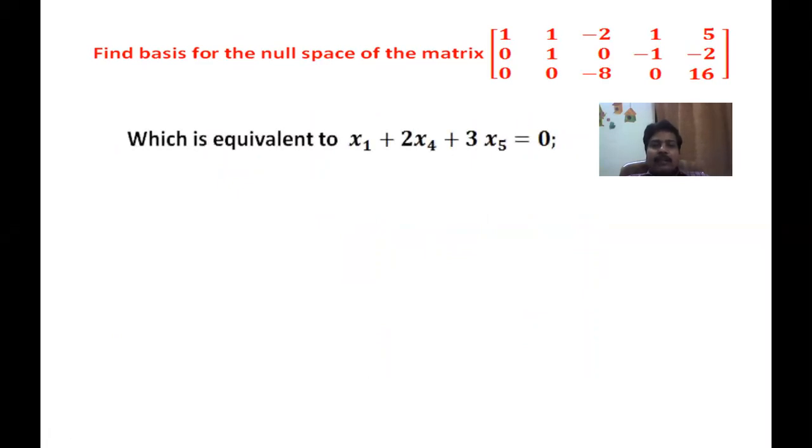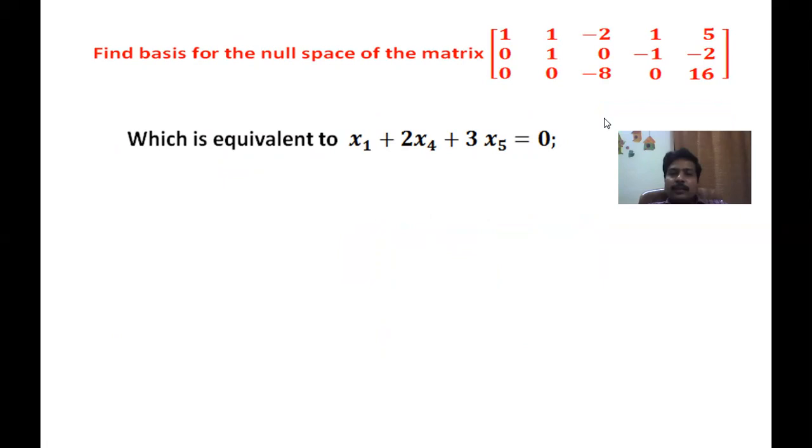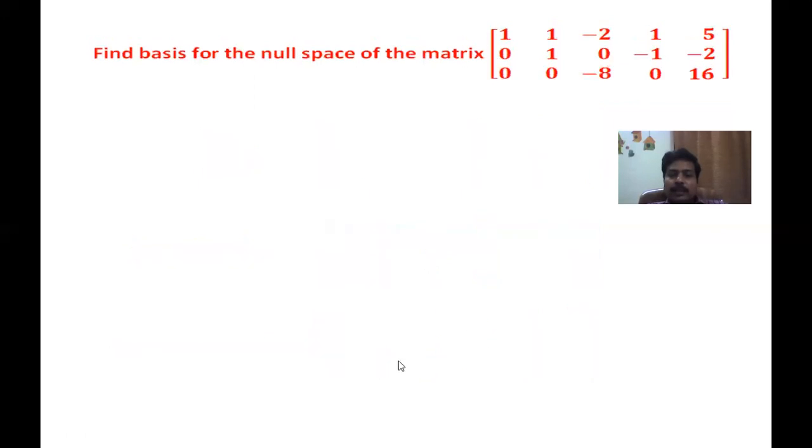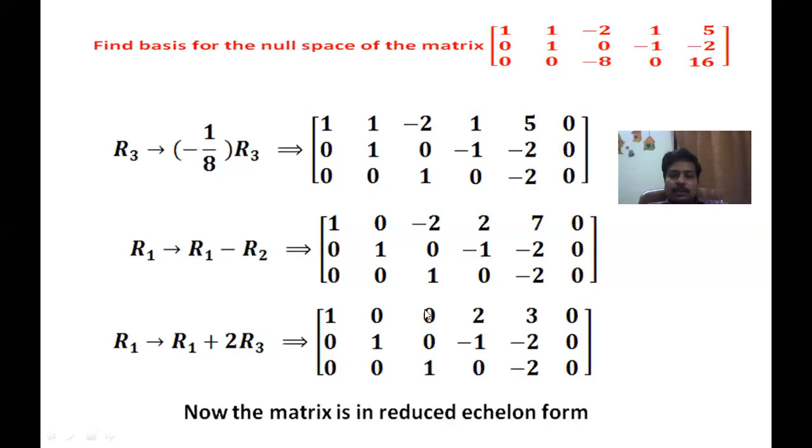This matrix can be converted into equations form. So x1 plus 2x4 plus 3x5 is equal to 0.